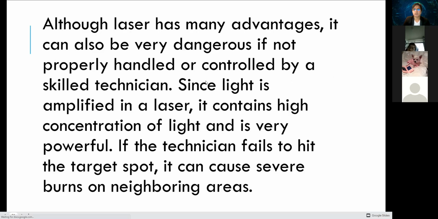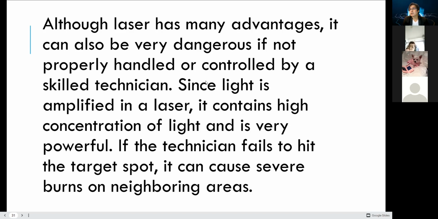Manufacturers usually use laser devices in order to increase their production. Although laser has many advantages, it can also be very dangerous if not properly handled or controlled by a skilled technician. Since light is amplified in a laser, it contains a very high concentration of light and is very powerful.